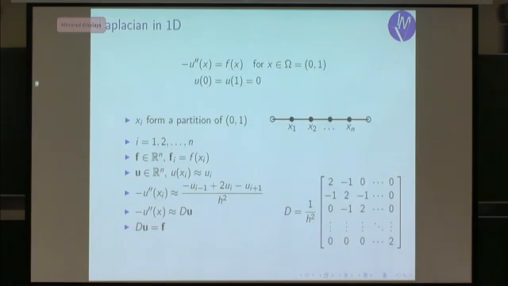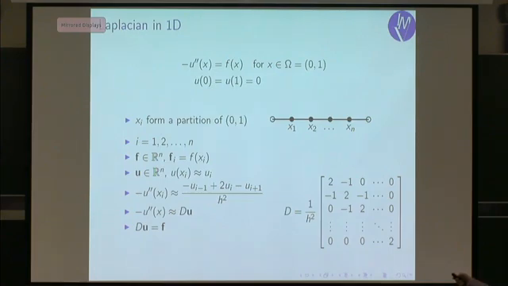Okay. So once again, how do we solve it in one dimension by the finite difference method? We introduce a mesh, and we sample the right-hand side in every mesh point, or every node, and obtain a vector capital F of size lowercase n, where n corresponds to the number of grid points.